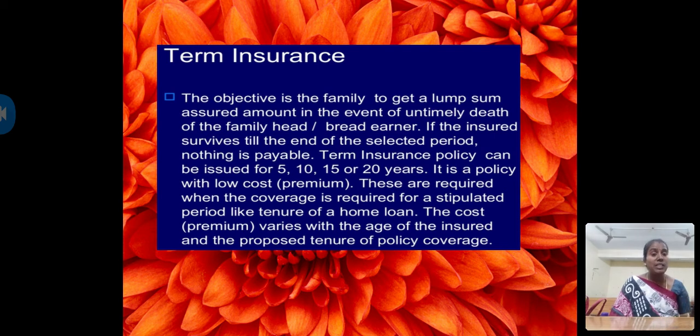If any accident or any event occurs to you, the amount is going to be paid under term insurance. It is a policy with low cost premium. These are required when the coverage is required for a stipulated period like a tenure. How much loan you want to take also depends upon the policy you took. They give the loan on this policy.